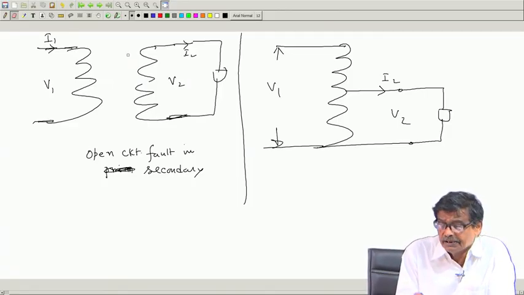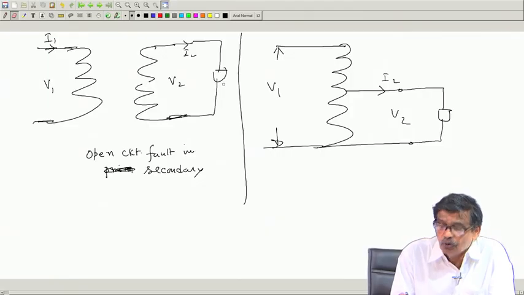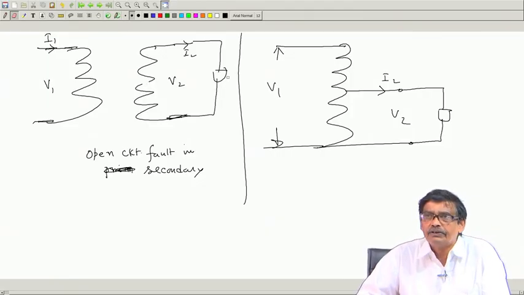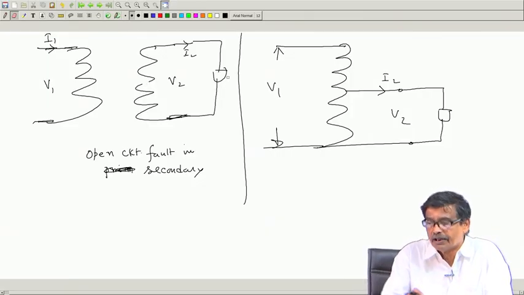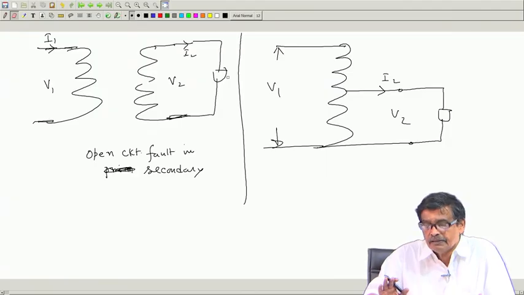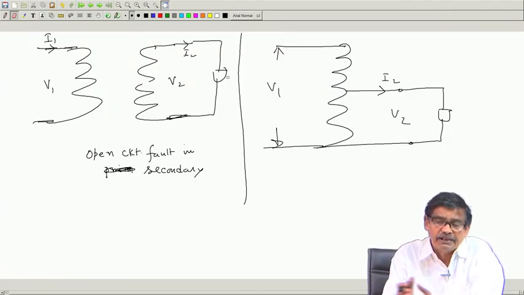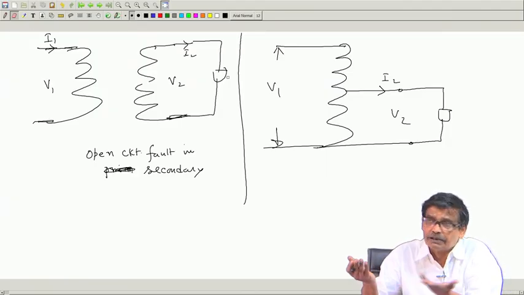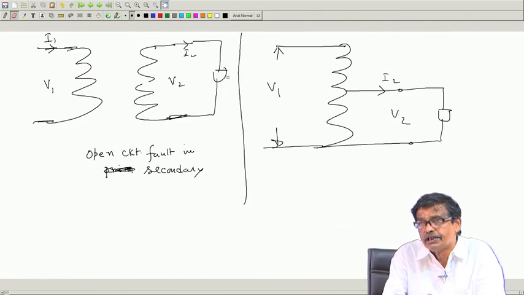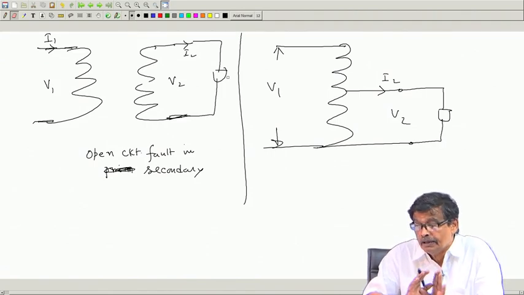Therefore, what will happen if an open circuit takes place here? Your load will suffer, it will not get any voltage now, no current flows through the load. That is, everything on the secondary side will not get power. There the story ends. Let us come here.